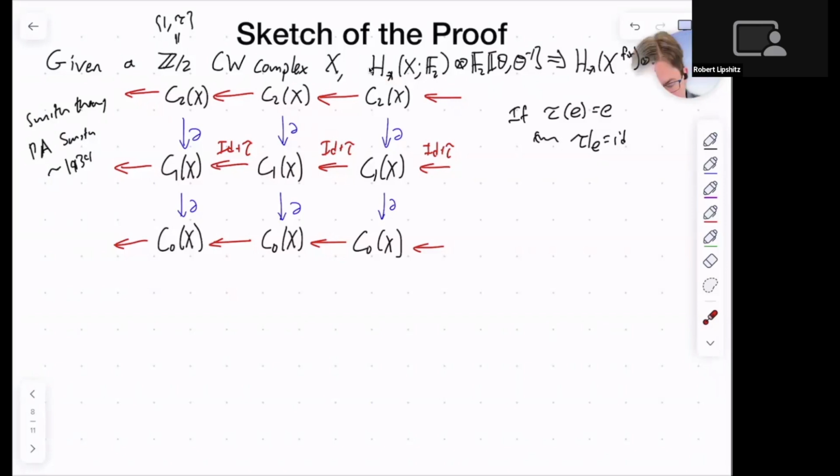So construct a bicomplex where the columns are just the cellular chain complexes, C0 cell, C1 cell, etc., the cellular chain complex of X. And the rows are given by identity plus tau, where tau sharp is the map on chain complexes induced by the symmetry. And everything is with F2 coefficients. I haven't written the F2s everywhere, just for space.